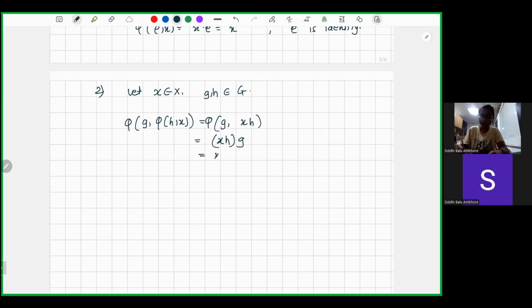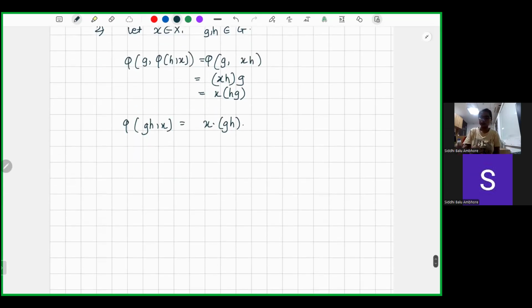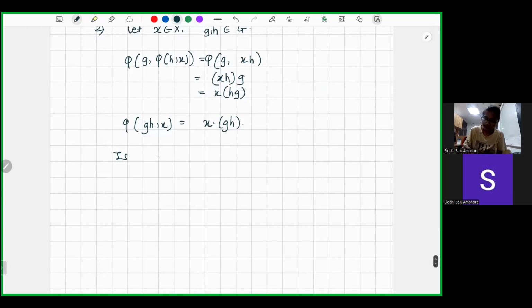So this is x into hg. And now I need to check whether this is equal to phi of (gh, x). But what is phi of (gh, x)? It is x into gh. But is this xhg equal to xgh?